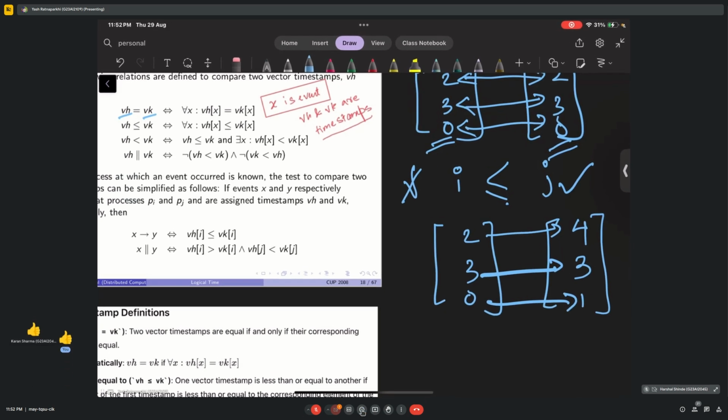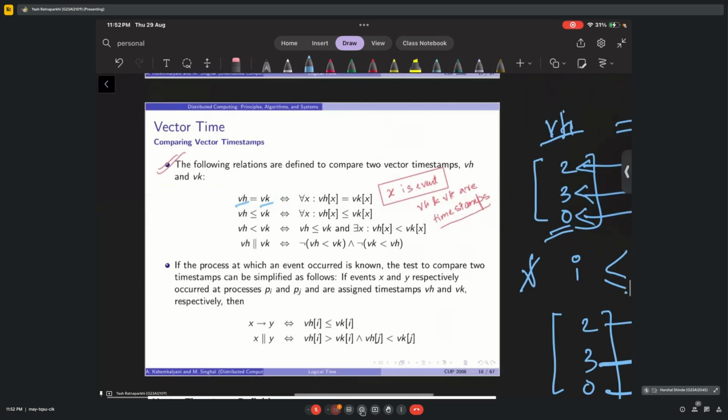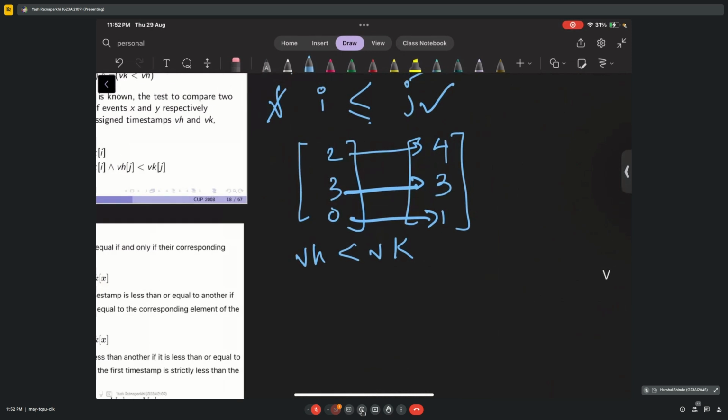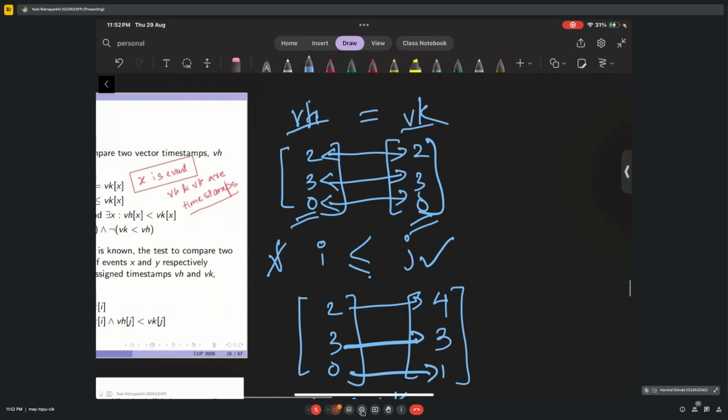Now comes strictly less than. VH strictly less than VK. This says that VH is less than equal to VK and there exists at least one index where it is strictly less than. That means this situation also comes into the category of I less than equal to J, correct? It follows this.